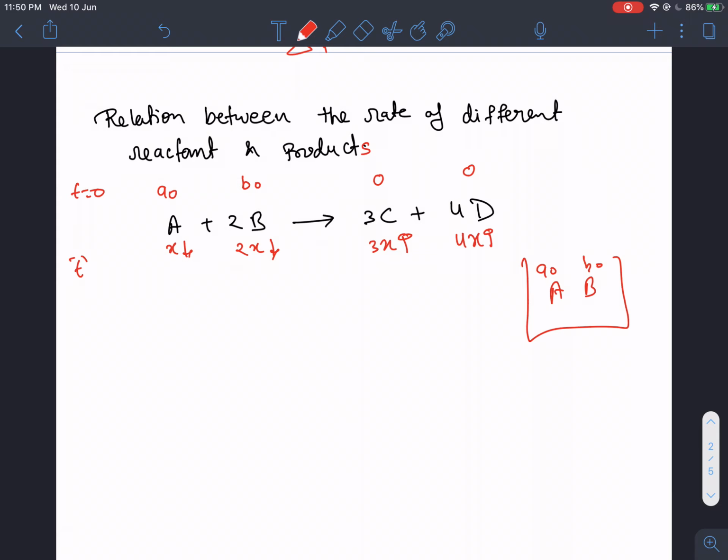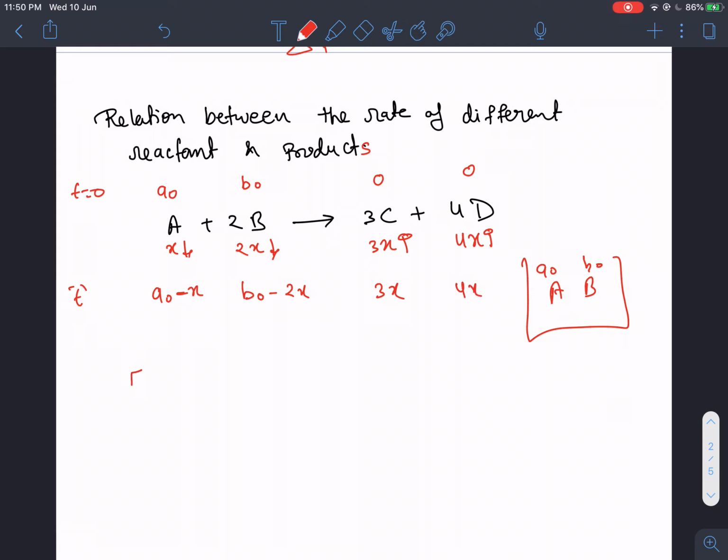Now at general time t, what will be their concentrations? I took A naught and X has reacted, so A will be A naught minus X. Similarly, how much B will be there? B naught minus 2x. How much C will be there? 3x. How much D will be there? 4x.